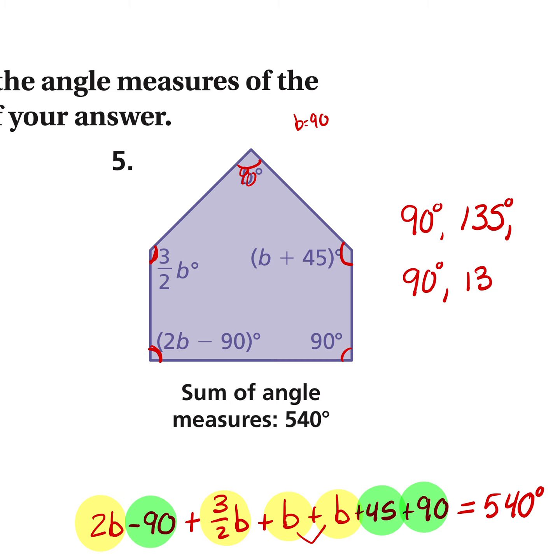That's 135, which makes sense. Like, shouldn't this angle and this angle be the same? Yeah, they should. And then the last one they gave us, so we're just going to write another 90. You know you're done because I have 1, 2, 3, 4, 5 angles, and I've got 1, 2, 3, 4, 5 angles. That's how I know I got all of them.